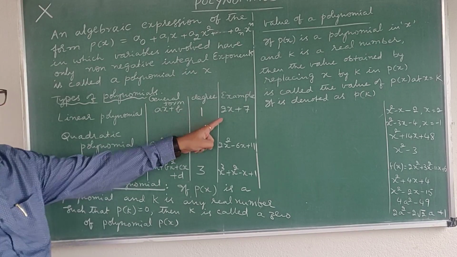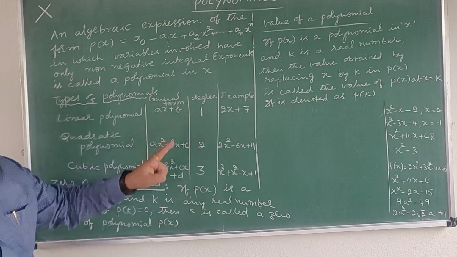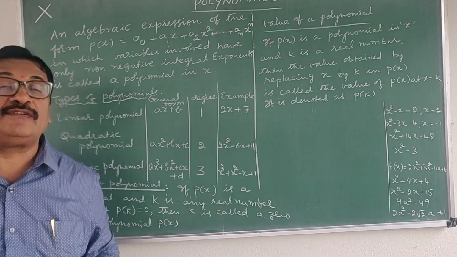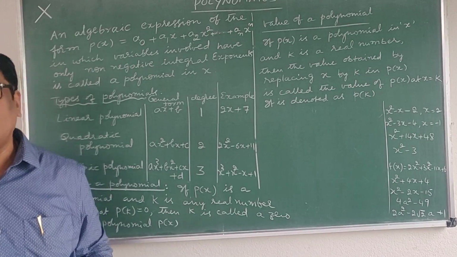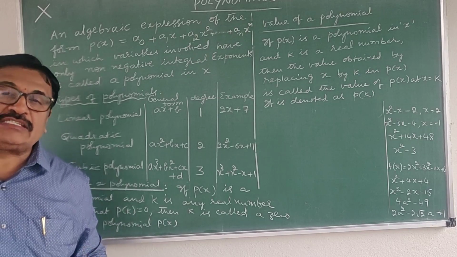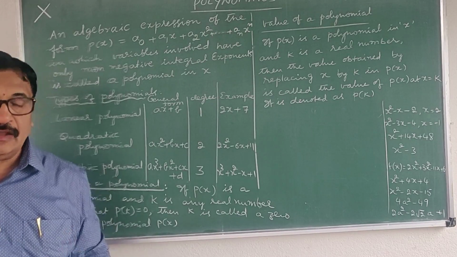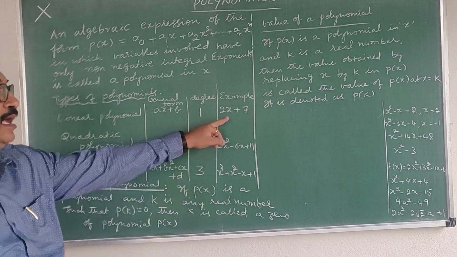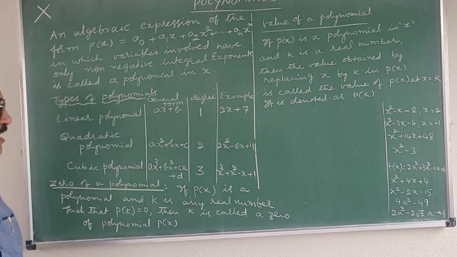Degree is 1. And what do you mean by the degree of a polynomial? It is the highest power of the variable in a given polynomial. If the highest power is 1, then we say it is a linear polynomial. An example is 2x plus 7.